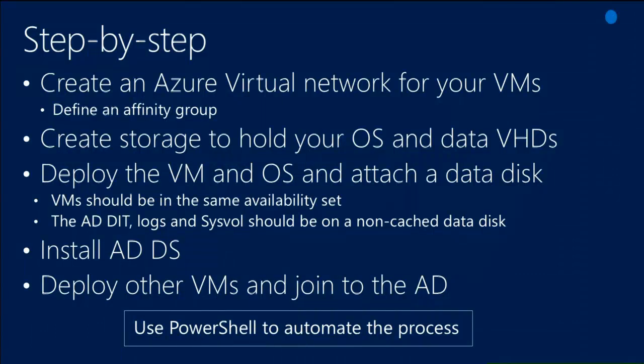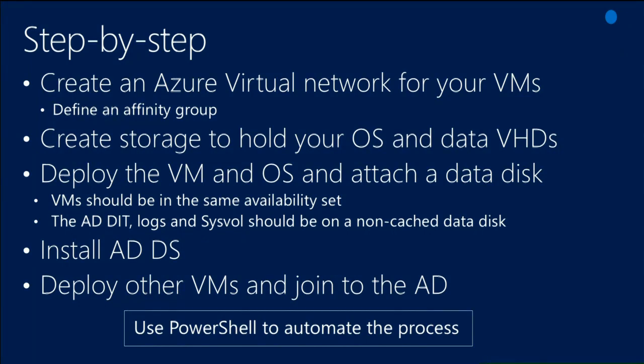Okay, so we create our storage, and then what we do is we deploy the VM and the OS and attach a data disk. And the VMs absolutely need to be in the same availability set for our DCs. And again, a non-cache data disk. And then you install ADDS, directory services, and you do your promotion.